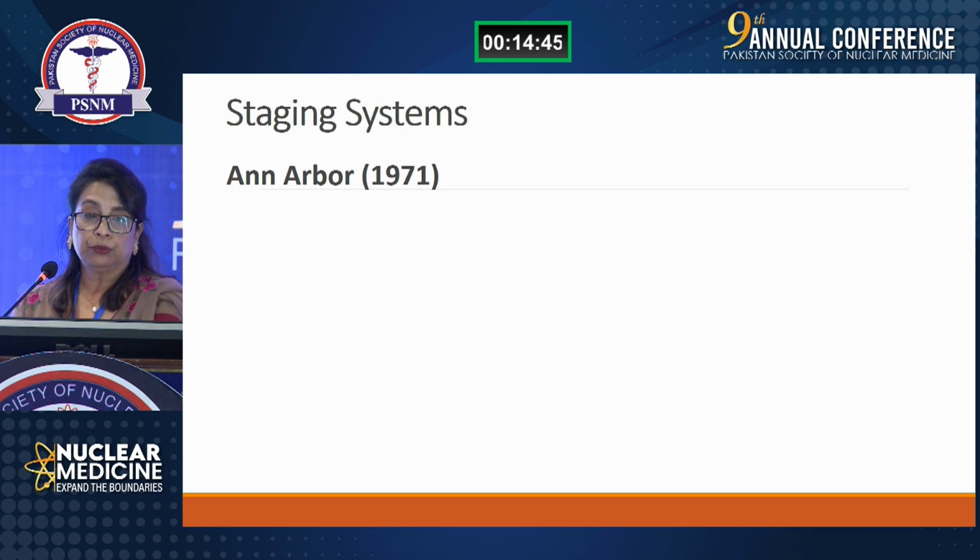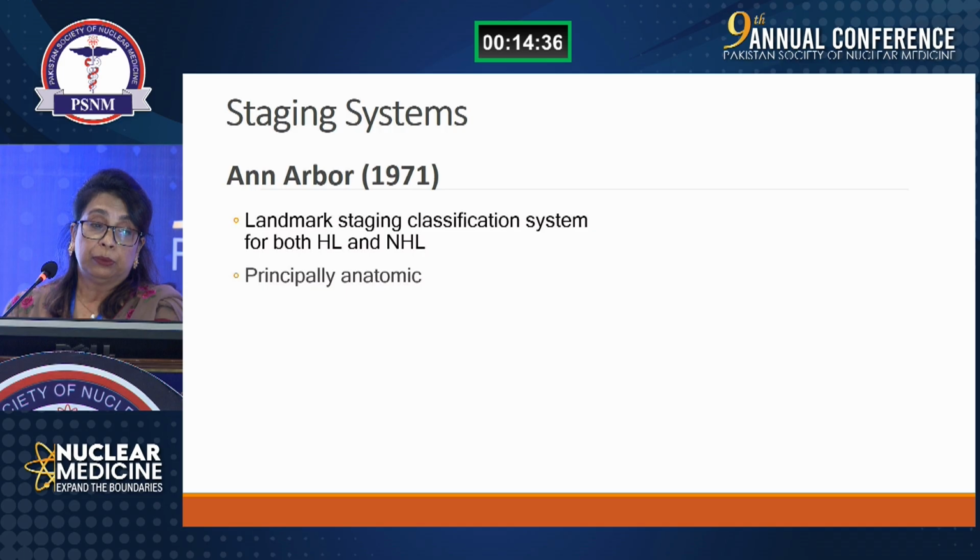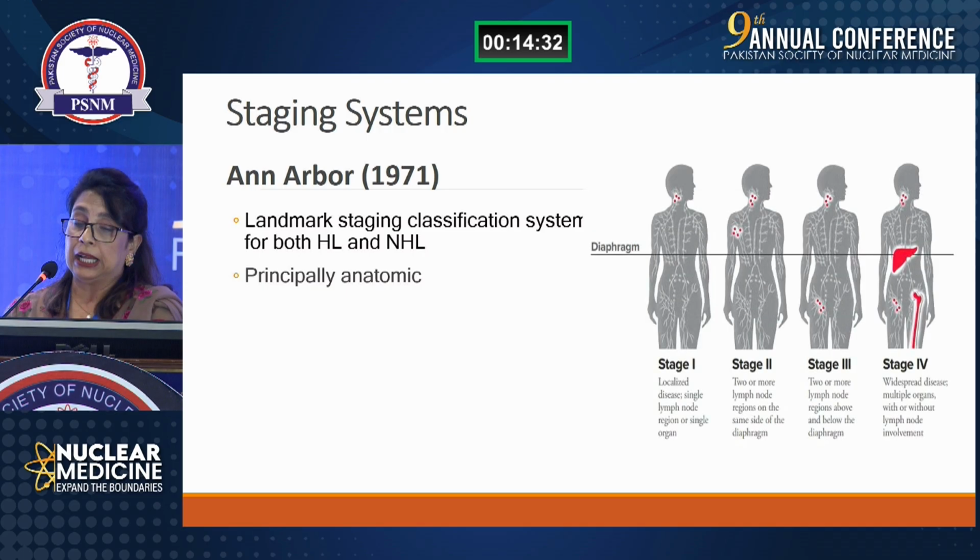So the Ann Arbor staging system, which was introduced in 1971 and was progressively improved upon with the Cotswold and the modified Cotswold, is the landmark staging classification and is simply anatomic. Stage 1, as you can see, involves lymph nodes on one side of the body, above or below the diaphragm.